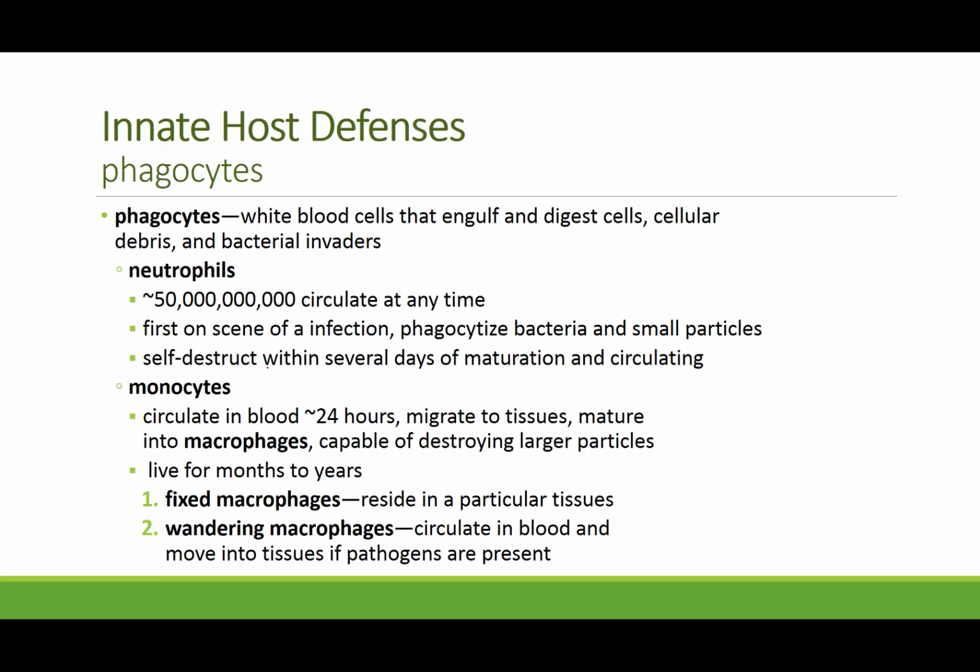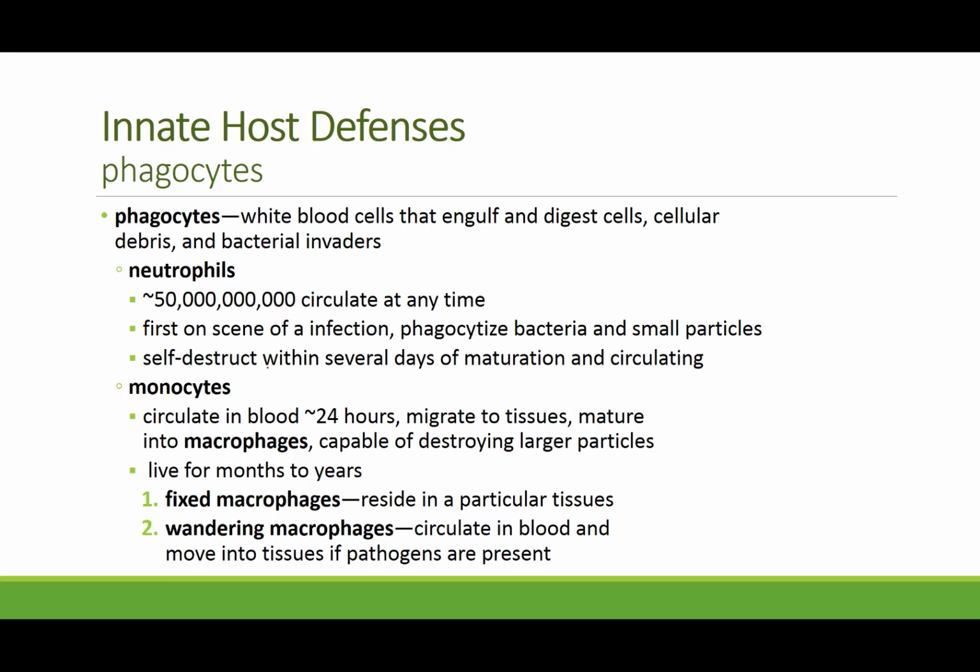There are also monocytes, that's the other primary group of phagocytes that act in the innate defenses. And they circulate, as I was saying, in blood for about 24 hours, and then they migrate to the tissues and mature into macrophages, which are capable of engulfing and destroying fairly large particles. These guys, unlike the neutrophils, may live for months or even years.